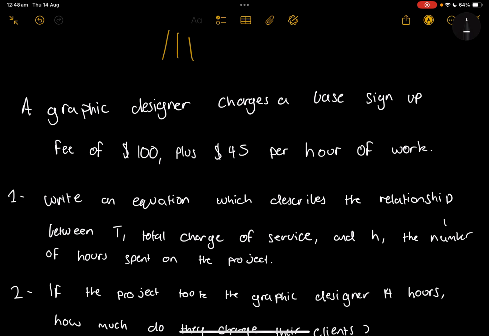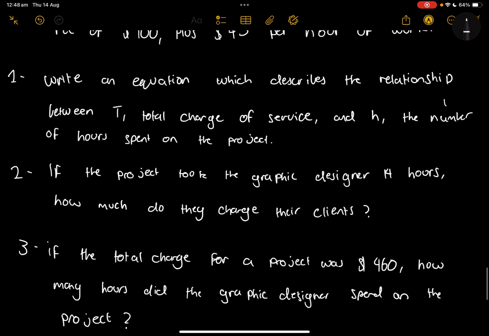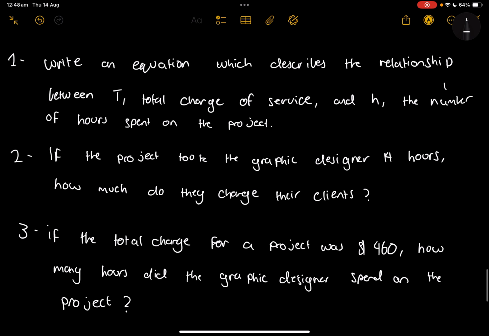And the question is, a graphic designer charges a base sign-up fee of $100 plus $45 per hour of work. And there are 3 questions here. Write an equation which describes the relationship between T, the total charge of service, and H, the number of hours spent on the project.